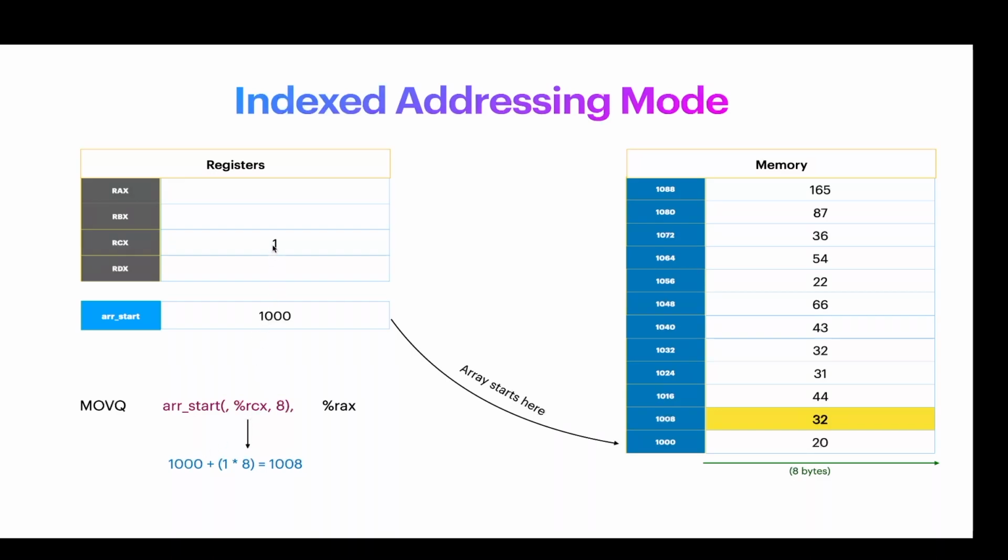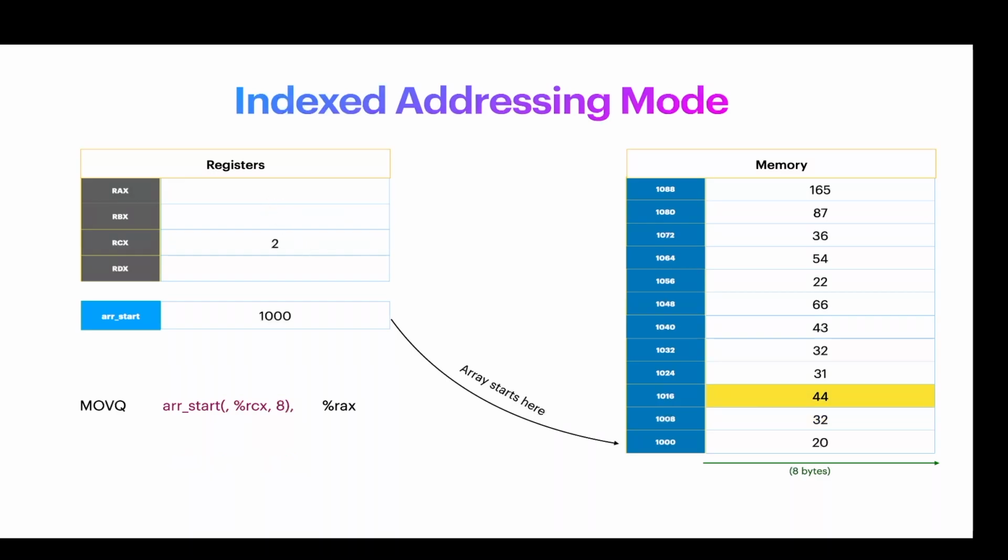RCX tracks the index, which is 1. The scaling factor here is 8 because we're operating on 8 bytes. 1 times 8 is 8. So 1000 plus 8 is 1008. That's the address to access the first index in the array. And as you can see, that's where it is. When you execute this one, the CPU goes to location 1008, accesses 8 bytes, and then moves them to RAX. And that's what will happen.